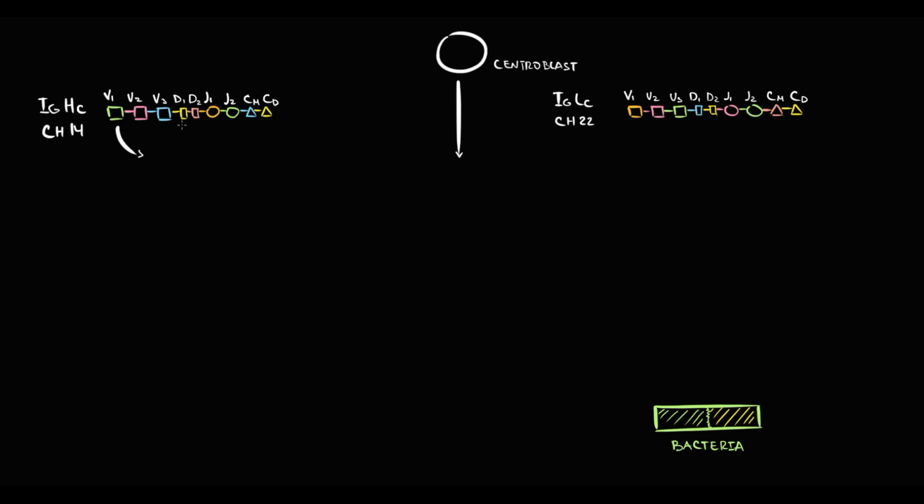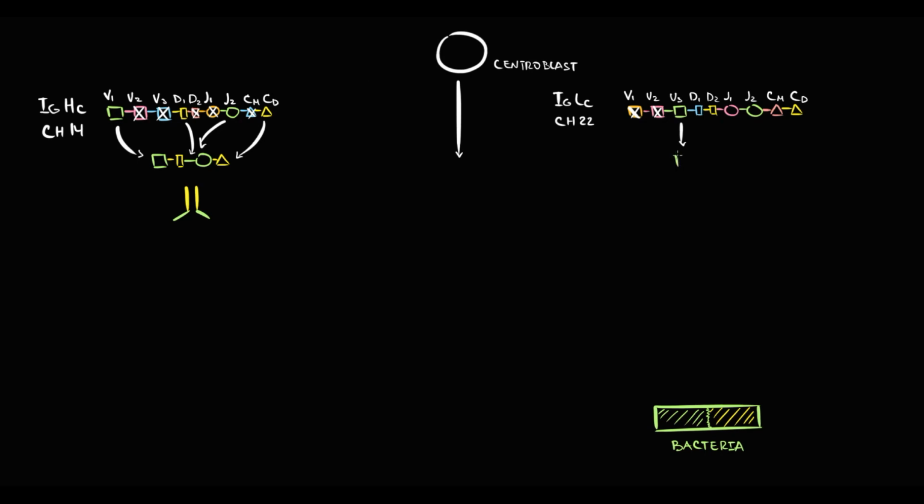So, how will the DNA molecule of a perfect B cell to kill this bacteria look? B cells have to find the sequence of genes that will ideally suit this bacteria. In this case, for immunoglobulin heavy chain, it's V1, D1, J2, and C. From this gene sequence, B cells will make heavy chains.